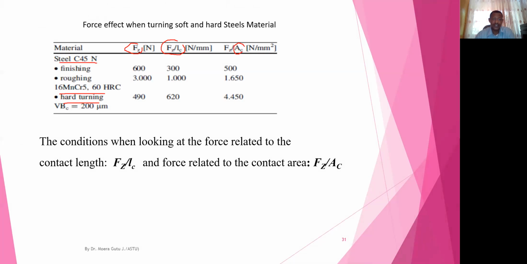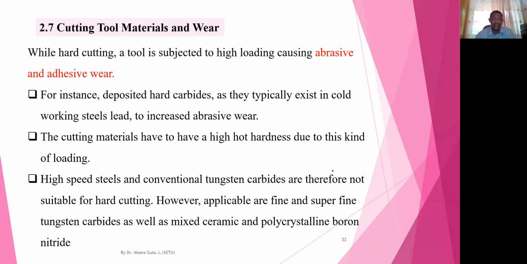So you will see the force related to the machined length and the force related to the area imposed. When looking at the force related to the contact length, the cutting force to the contact length, Lc, and the force related to the contact area is Fz, the force applied to the machined area. The cutting tool materials and wear.